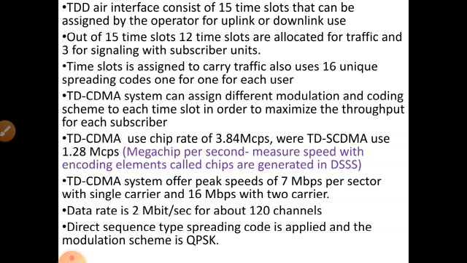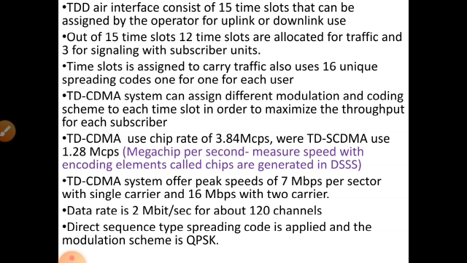In these 15 time slots, 12 time slots are allocated for the traffic process, that is the data operation process, and 3 for signaling with the subscriber unit. The 12 time slots are used for transmission as well as reception of data, and the 3 are mainly used for the signaling process between the base station and the UE, that is the user equipment.